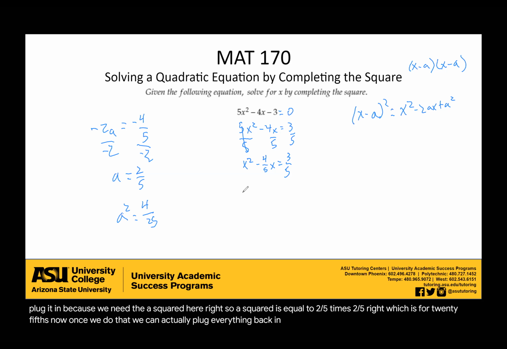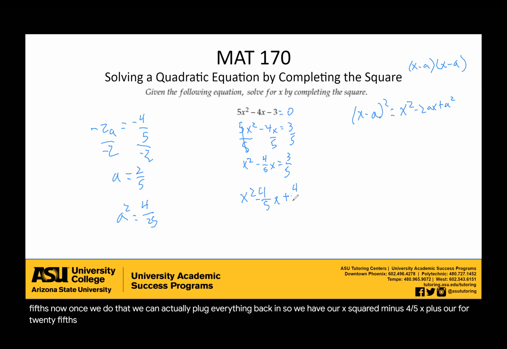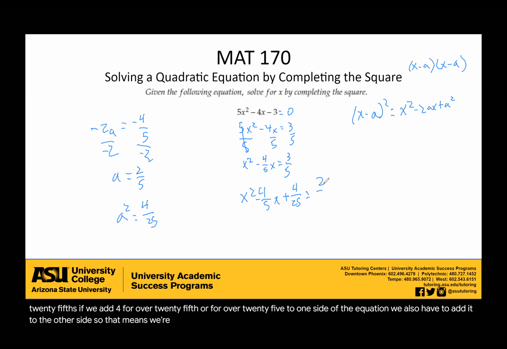So we have our x squared minus 4/5 x plus our 4/25. But if we add 4/25 to one side of the equation, we also have to add it to the other side. So that means we're also going to add 4/25 to the 3/5 as well.